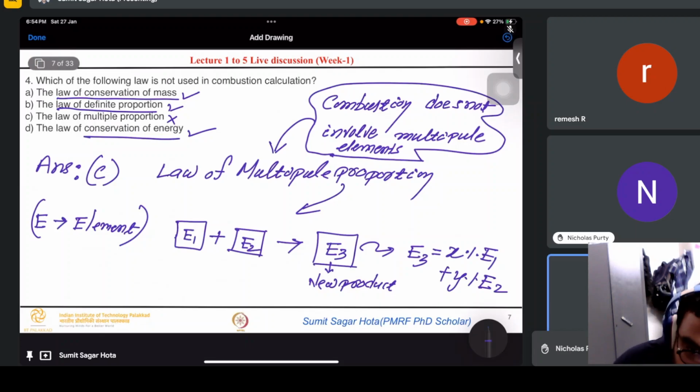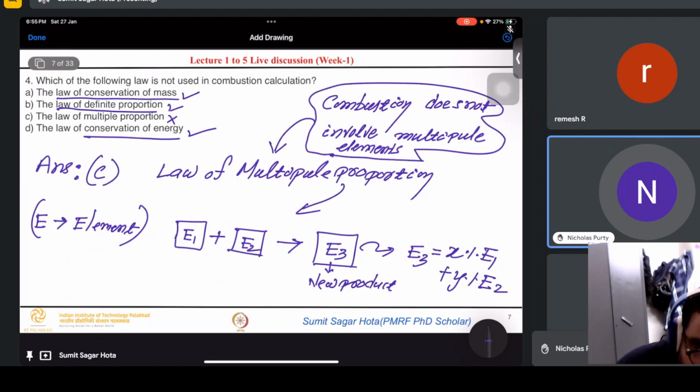You can ask. Combustion means fuel will be there, oxidizer will be there, so multiple compounds.